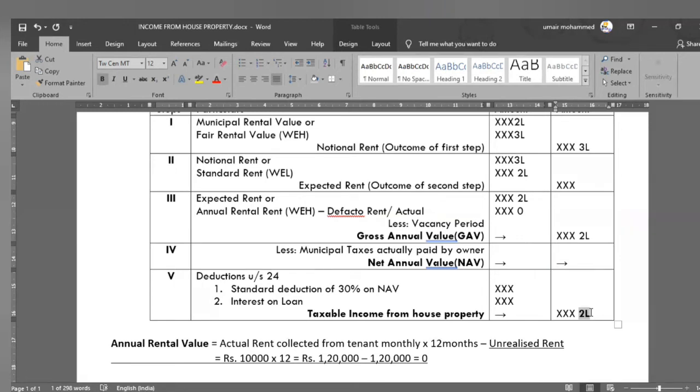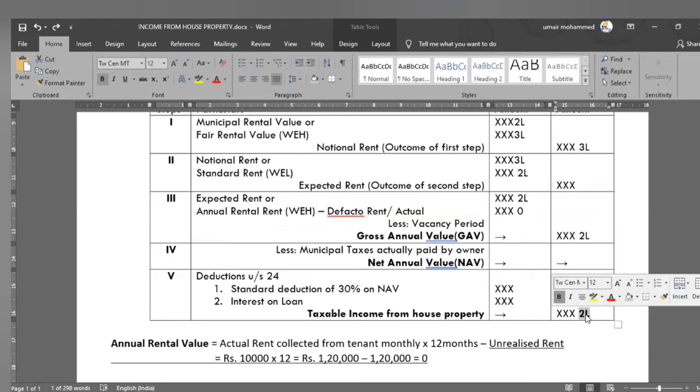So now do you understand the logic as to why the income tax department is saying that the taxable income from house property is obtained by calculating NAV, and from NAV you have to deduct these two deductions. So the income tax department does not say tax is on annual rental value, but it rather says tax is on NAV after deductions. So now technically your income is 0, but still you have to pay tax on this 2 lakhs.